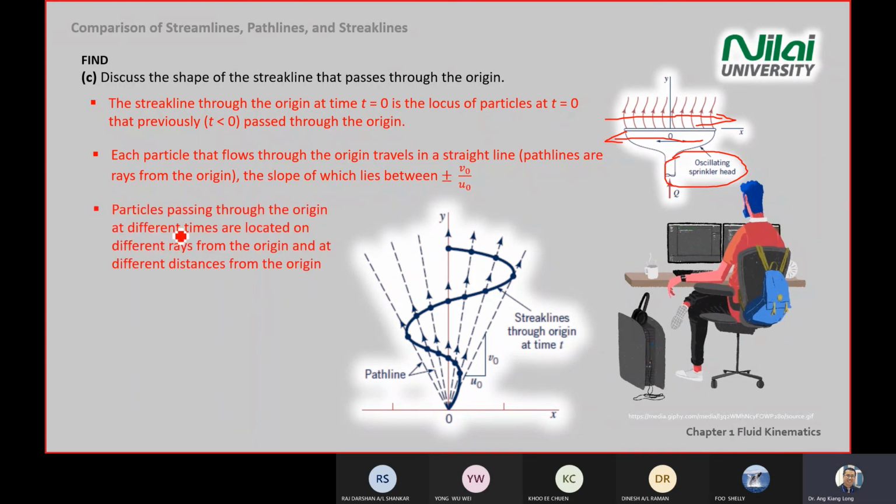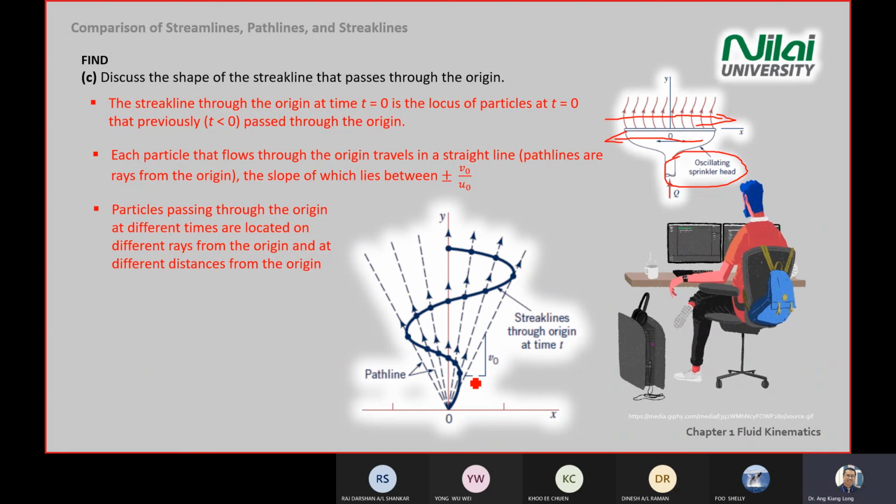Then the third statement tells you that a particle passing through the origin will be recorded at a different time, like what you see in the basketball photo just now. So what I'm showing here is the solid dot that tells you the history of the particle, how far it traveled.